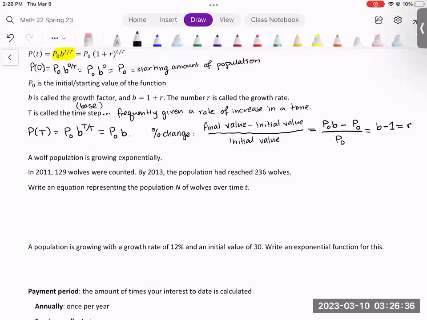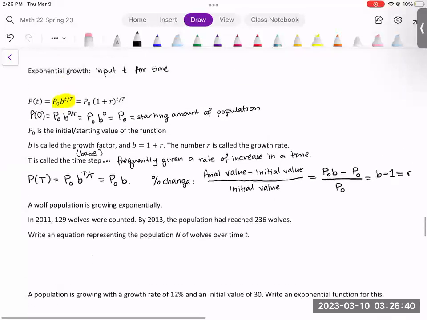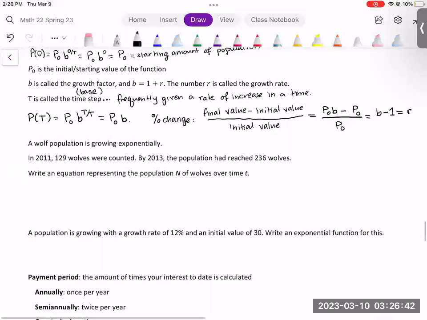So let's write down some of the information we have. Let's set our initial time to be 2011. So P of t is going to be our wolf population t years after 2011.